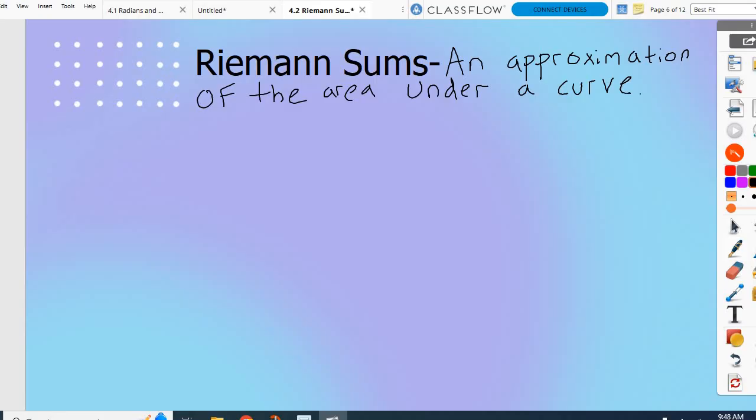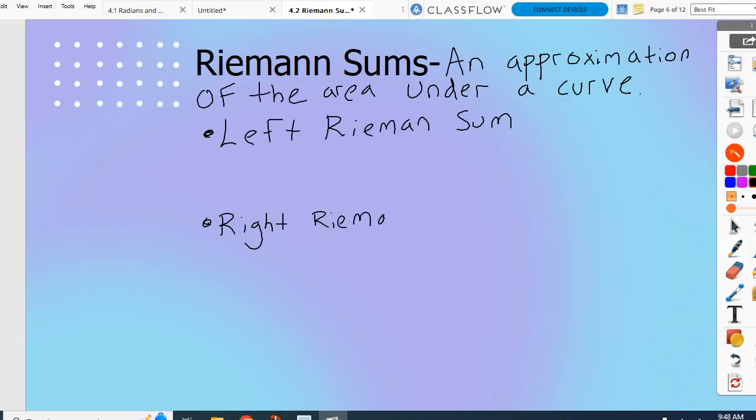Okay, now we do have a couple different types. So we looked at our left and right Riemann sum yesterday.